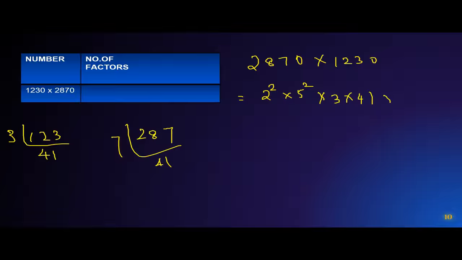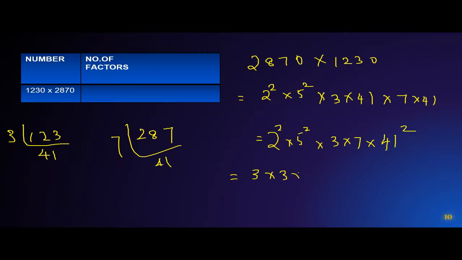So if I'm going to consolidate again, I can write it as 2 square into 5 square into 3 into 7 into 41 square. So all the base numbers, that is your 2, 5, 3, 7, 41, are all prime numbers. So you can easily add 1 to all the numbers in the powers and multiply. So 2 plus 1 is 3, 2 plus 1 is 3, 1 plus 1 is 2, again 2, and then 2 plus 1 is 3.